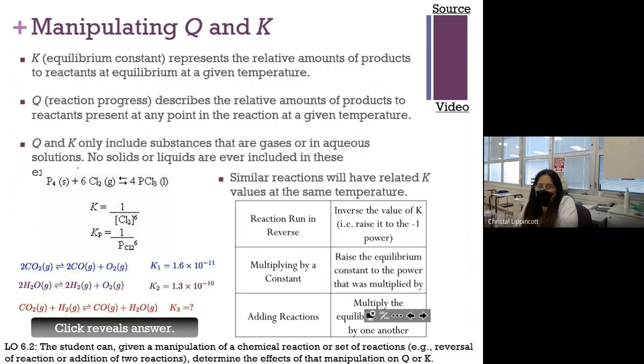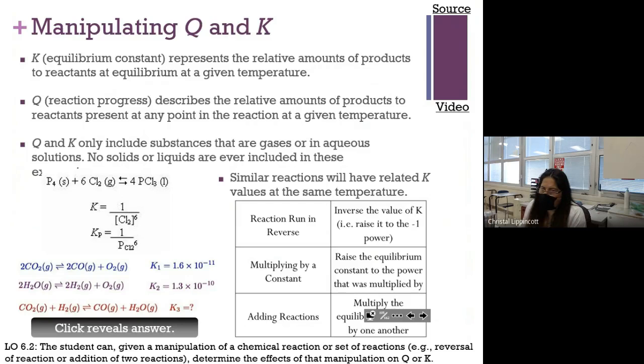See if you can figure out the answer. Got it?